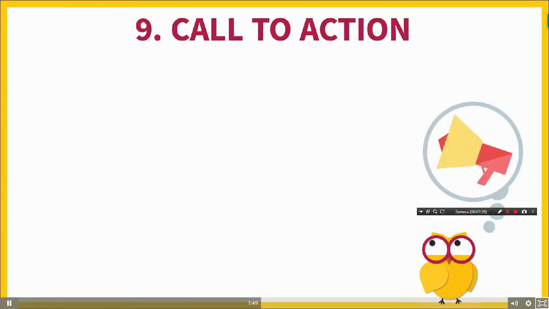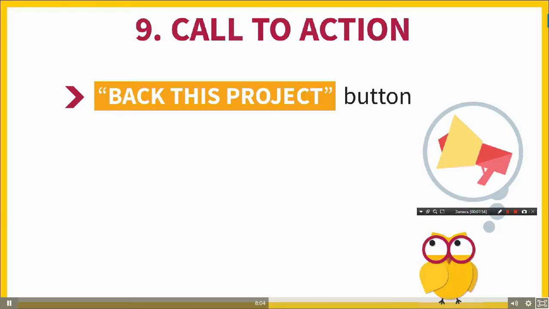Next, call to action. If visitors reached the end of your campaign page, that means they are interested. It is the perfect time to direct them what to do next. And the next is the bake this project button, which should be linked to the baking page. In fact, you can put this button several times on the project page. It will increase your chances that somebody will click on it.